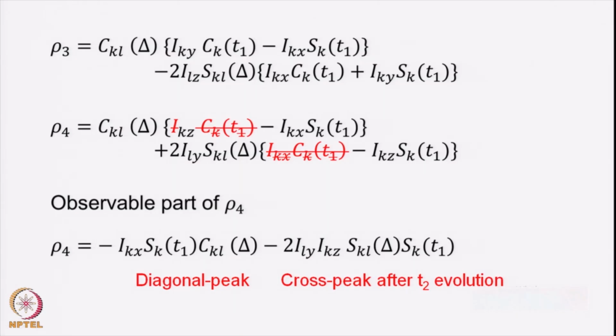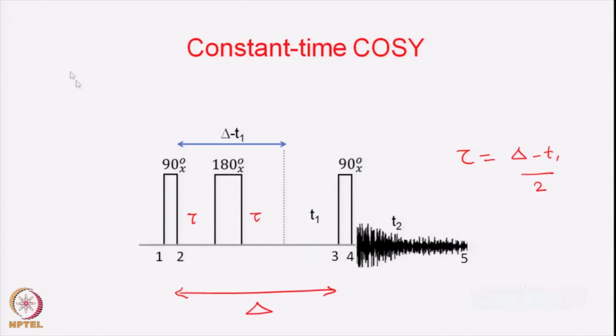This is the time point 3 that we have seen here. We have considered the evolution under J until here, and also the chemical shift evolution during this period, and therefore we consider the density operator at rho 3.